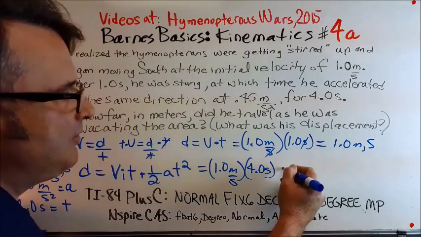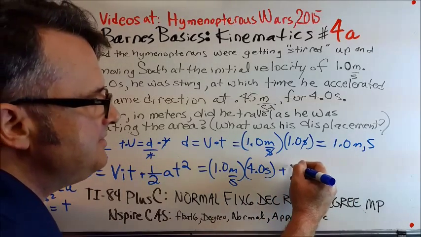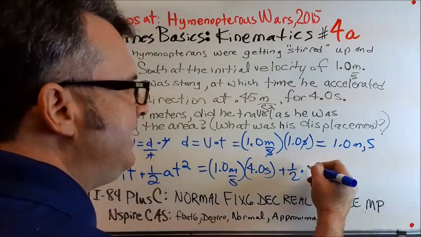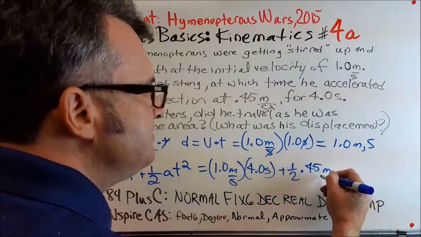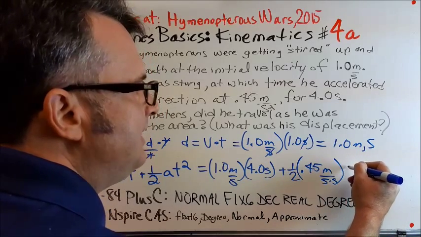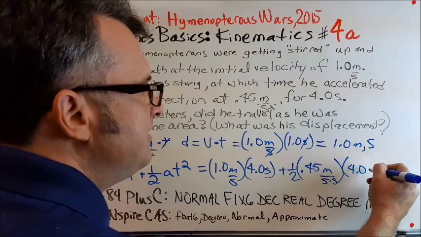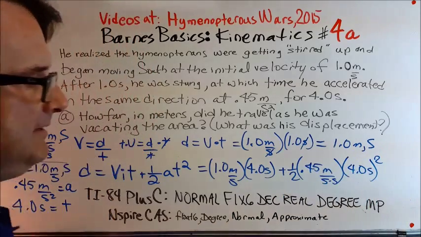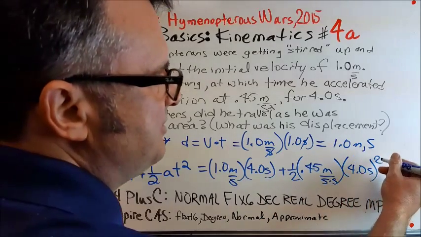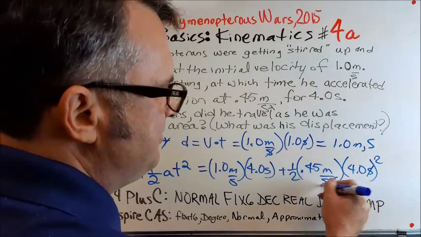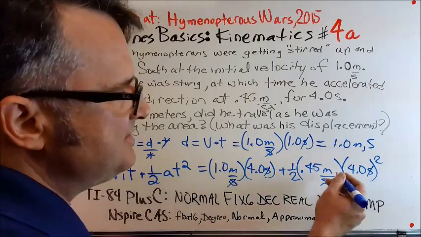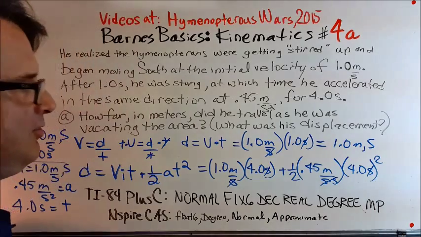And then we're going to add this to 1/2 of the acceleration, which is 0.45 meters per second squared, and the time squared, which is 4.0 seconds squared. I probably shouldn't have broken this apart because I'm going to get second squared here, and I've got second squared here. Those are going to cancel. I've got seconds over seconds. I'm going to get meters added to meters in this equation.